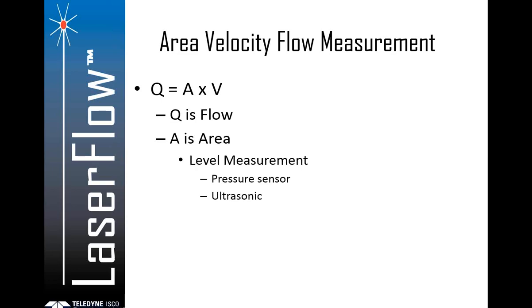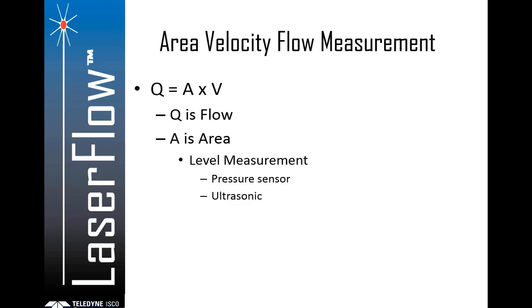So we measure the water level with either one of these two sensors, and then we multiply that level with the cross-sectional geometry that the user would have told the flow meter what they were using. For example, if you had a 36-inch round pipe, you would tell the flow meter what you have.